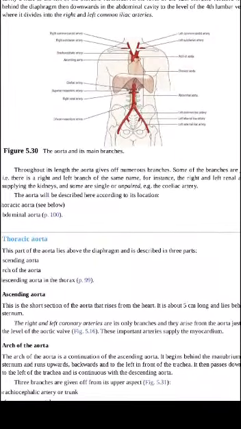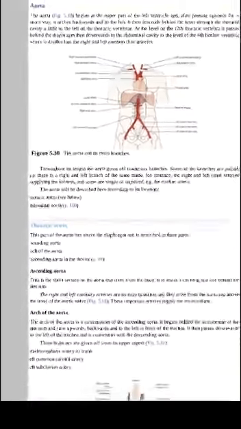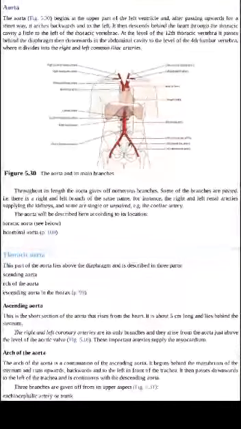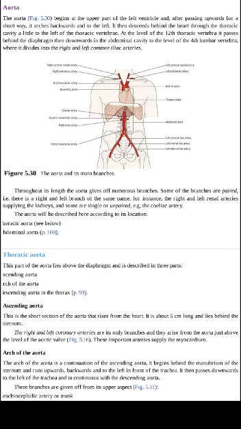Throughout its length, the aorta gives off numerous branches. Some of the branches are paired, that is, there is a right and left branch of the same name, for instance, the right and left renal arteries, which supply the kidneys, but some of them are unpaired, like the celiac artery. We have already discussed that some of the arteries in our body are paired, that is, they have a right and left part, but some of the arteries are unpaired.